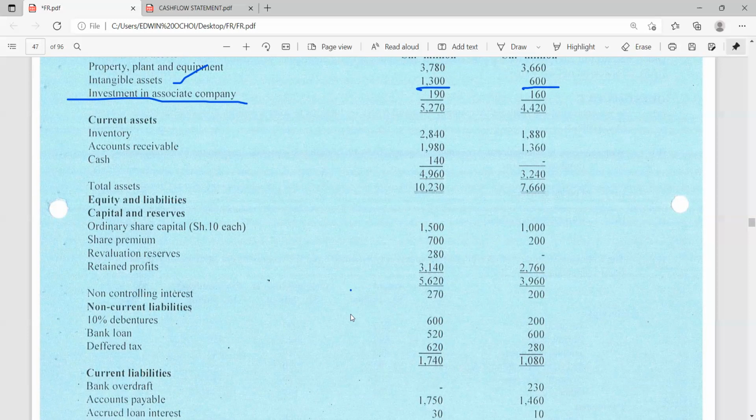Then what you will do is a conversion. So the balancing figure would be 280.